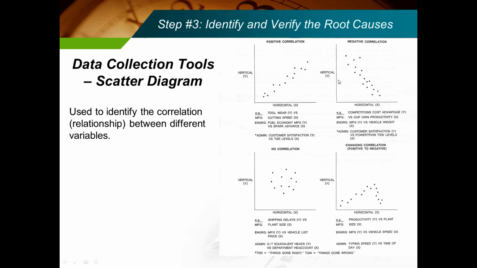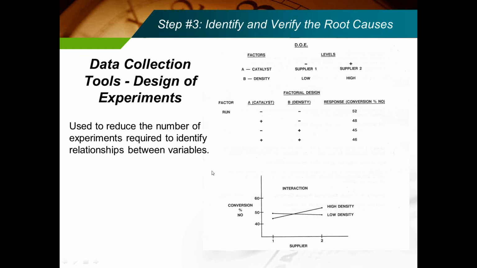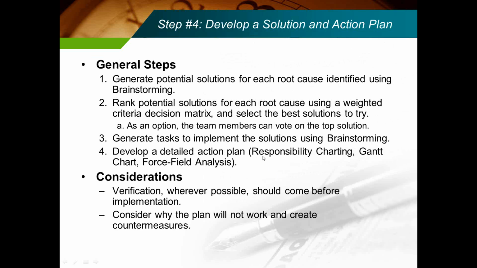You can plot data out to see if there's a kind of correlation. Pareto charts, I'm sure you're all familiar with these. You can look to see where the highest level of defects are, and that's one way to know where to focus. Design of experiments is a way to basically do a structured series of experiments to identify where the highest factor of the problem is.